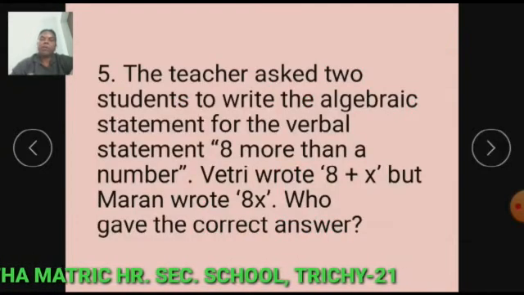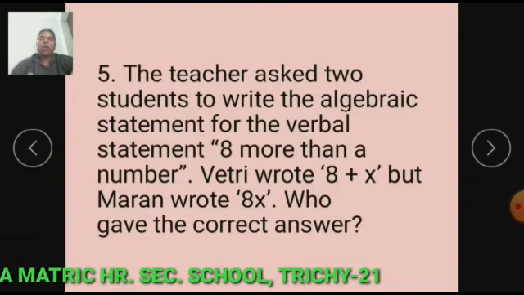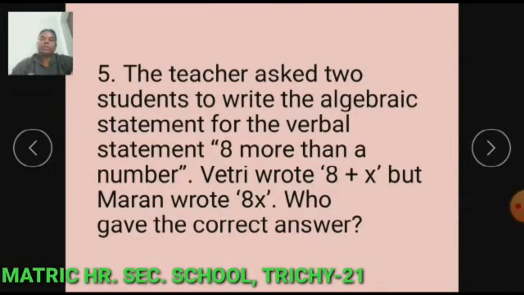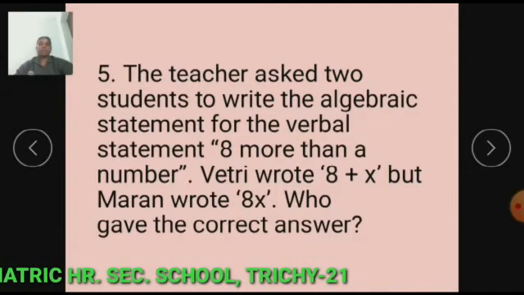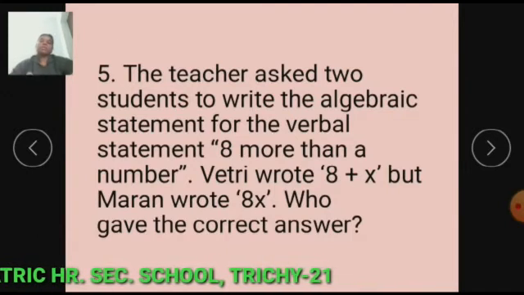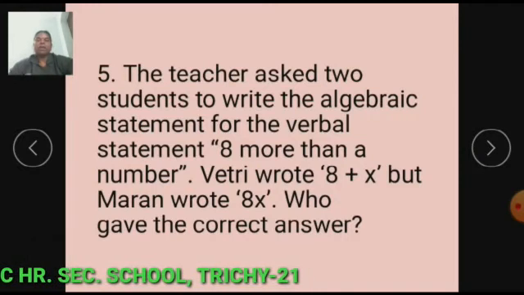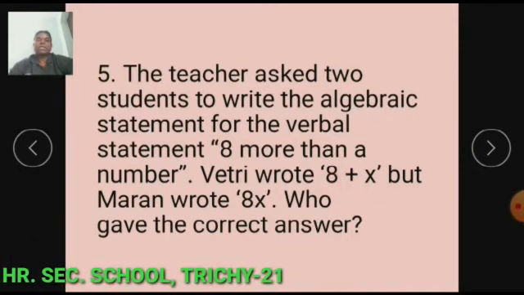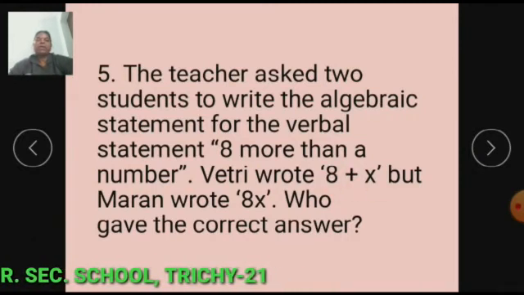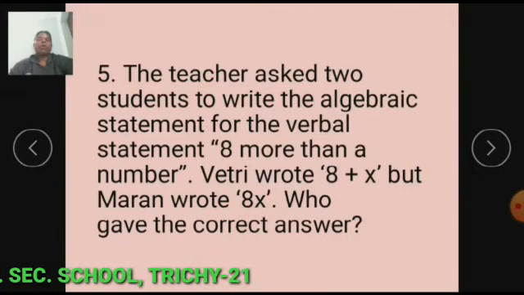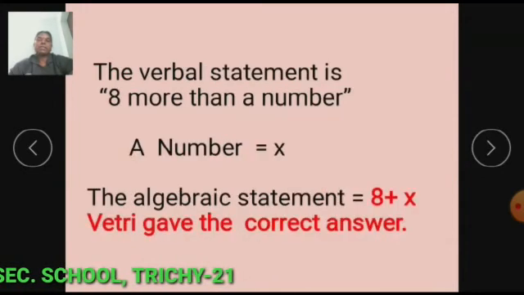Question number 5. The teacher asked two students to write the algebraic statement for the verbal statement 8 more than a number. Vetri wrote 8 plus x, but Moran wrote 8x. Who gave the correct answer?